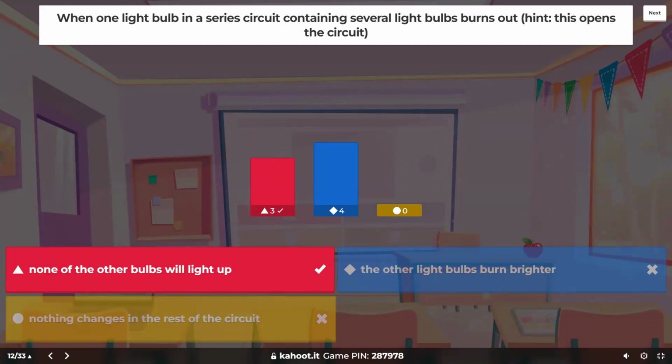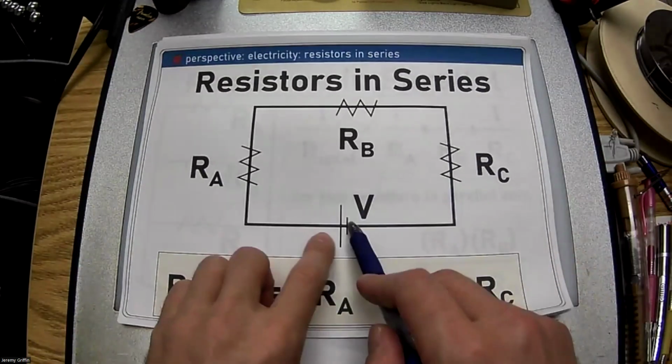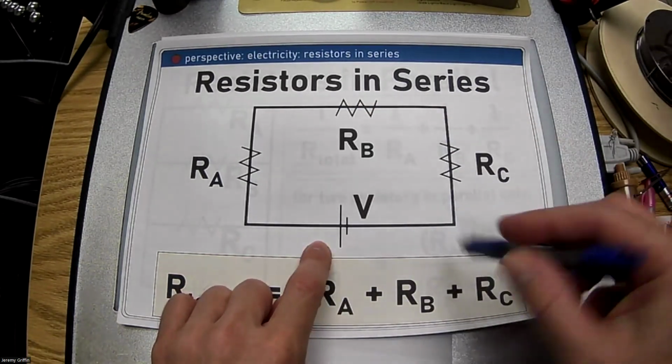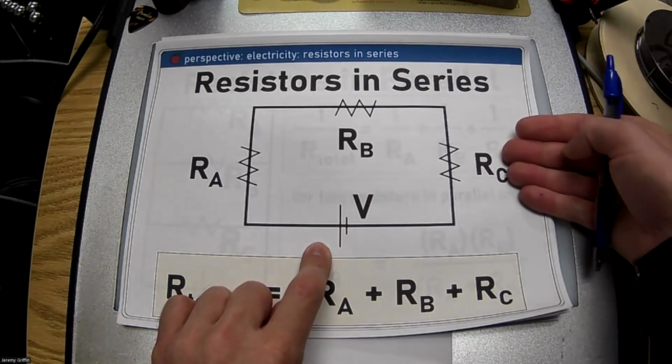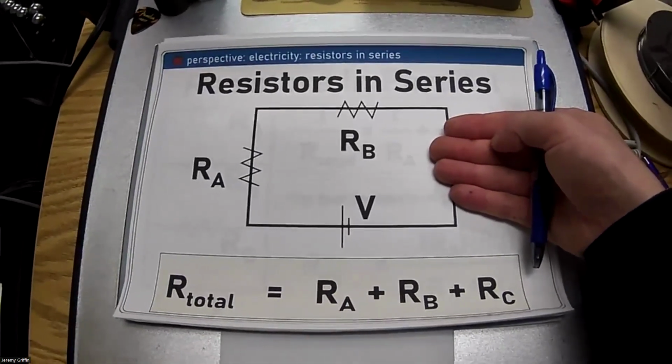Let's look at a schematic diagram because the answer just pops out of this page right here. Here's my voltage source. Here's maybe three light bulbs. Current goes around, and then what if this resistor C, this bulb, just burns out? Doesn't that open the circuit and then no current flows at all?